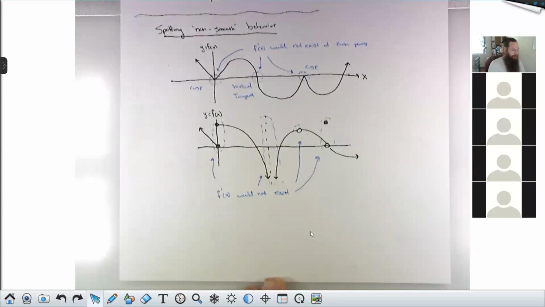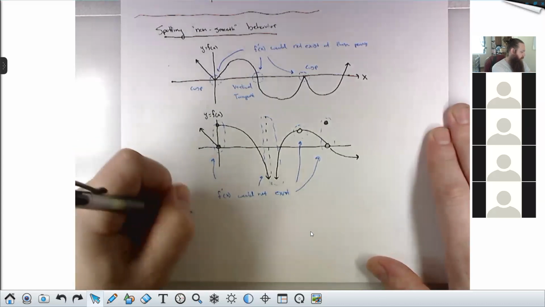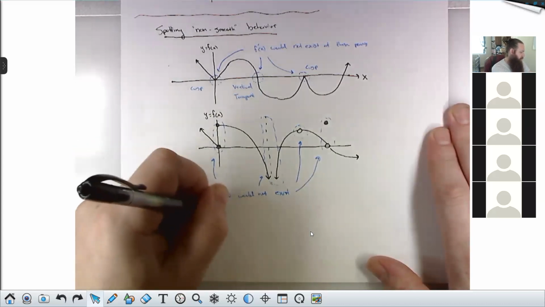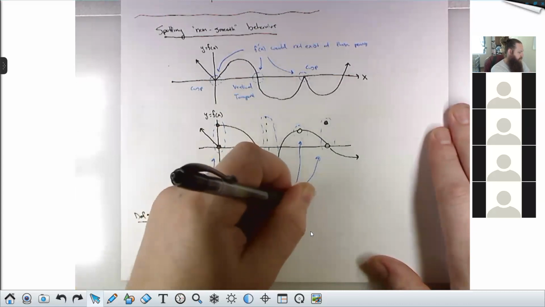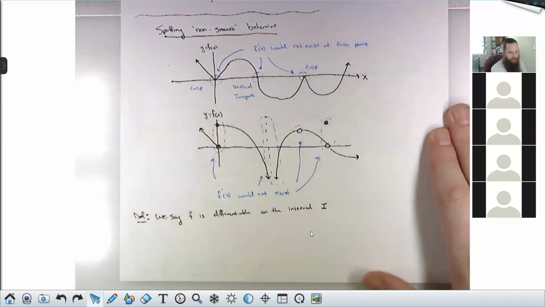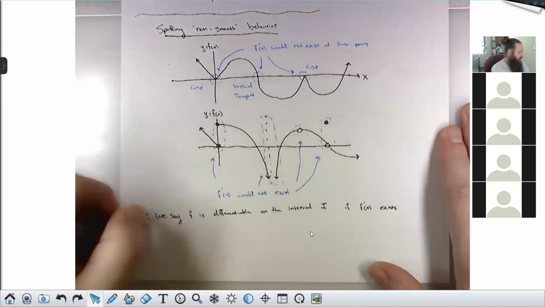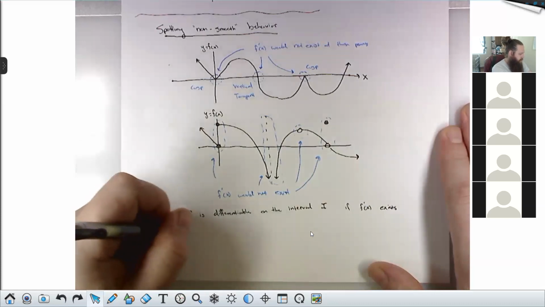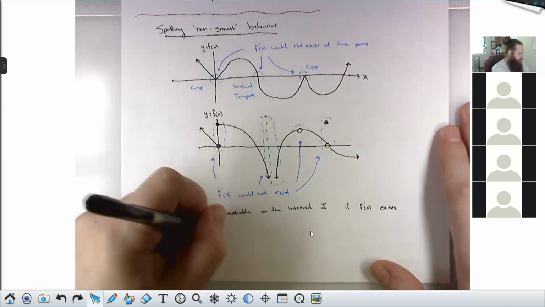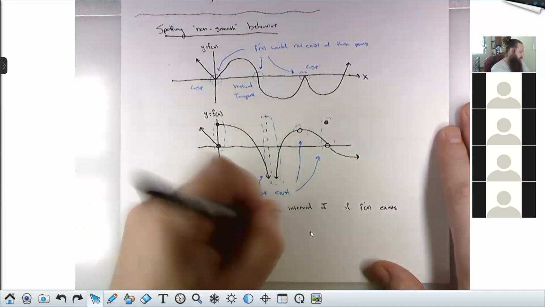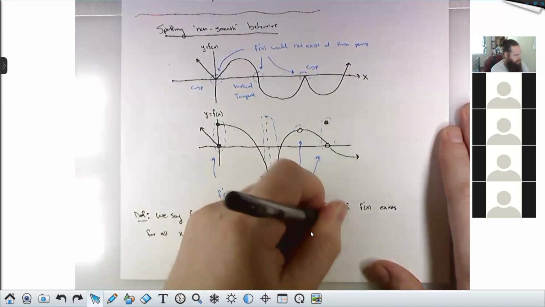So your book does define this. We say f is differentiable on the interval I, which is generally going to be an open interval, but on the interval I, if f prime of x exists for all x which are elements of that interval I. And then we say f is called differentiable, full stop.